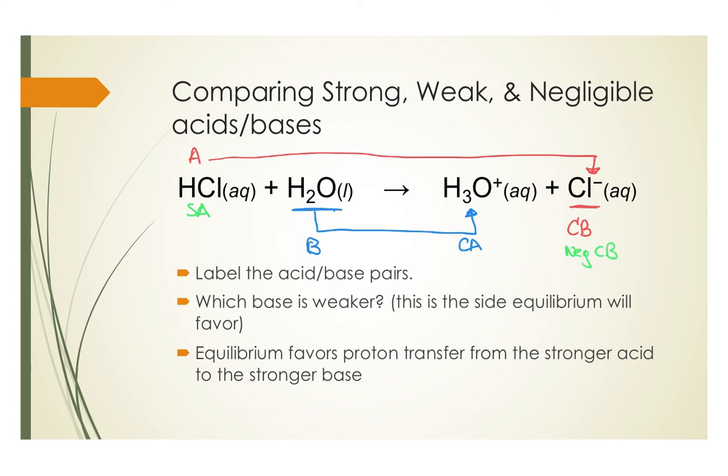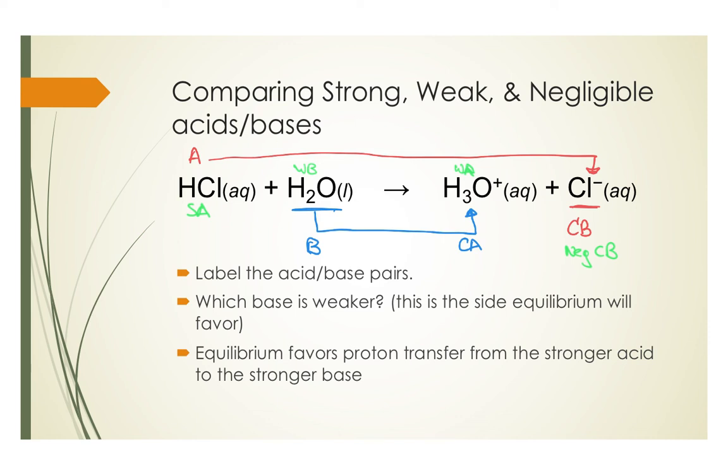Okay, so that means that Cl- has to be a very, very weak base. H2O and H3O+, neither of those are strong acids or bases. We know that. And so this must be a weak base. And the conjugate of a weak base is a weak acid. Which of those two is stronger? We don't know unless we actually go and look at a table or think about it a little bit.